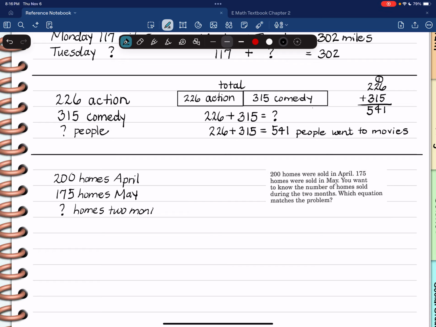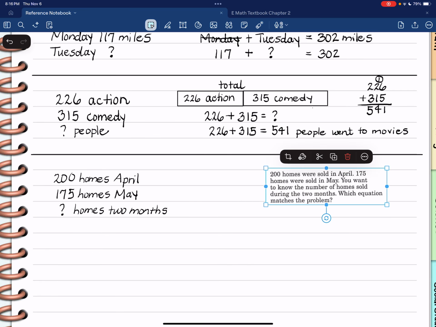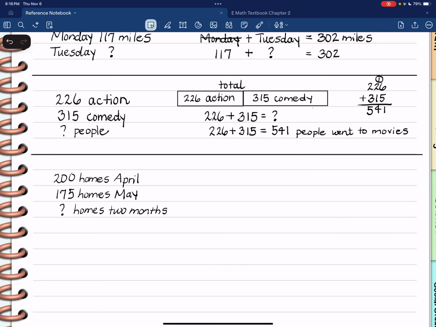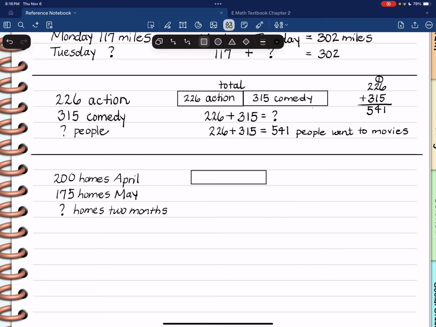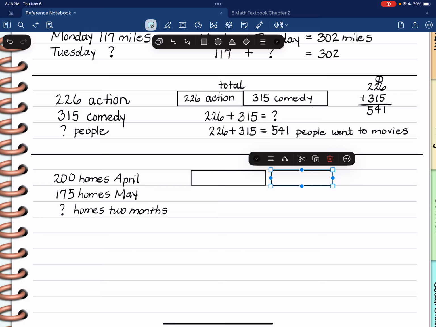So let's make a model to represent our thinking. I'll take that away. And I'm going to draw my bars. I'm going to draw 2 of them. And I can tell you that they're close to the same size, but they're not exactly the same size. So let me just go ahead and draw another one. And we will figure out which is which.